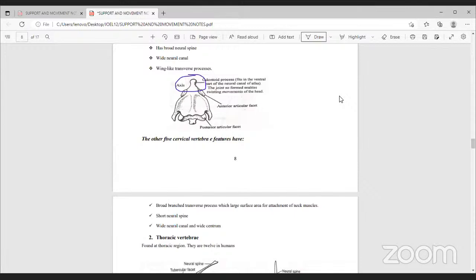Then lastly is that they have a wide centrum. Wide centrum, of course, that is to bear the weight of the vertebral column or to support the vertebral column.